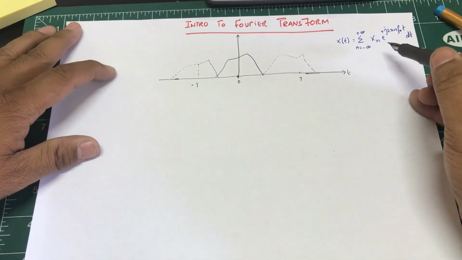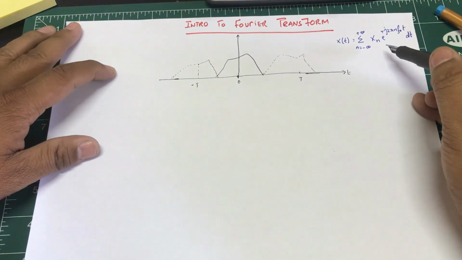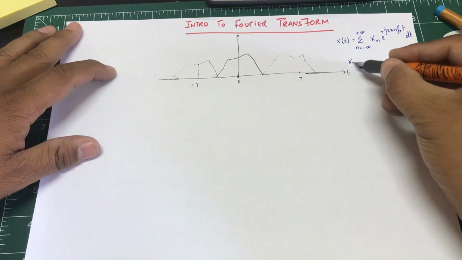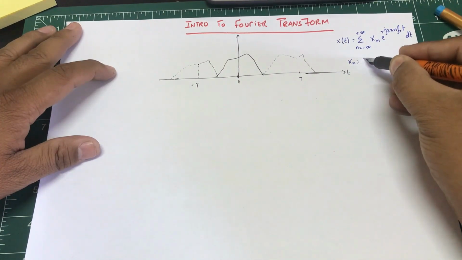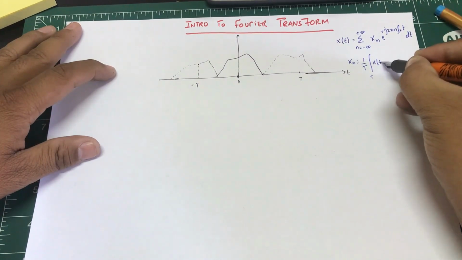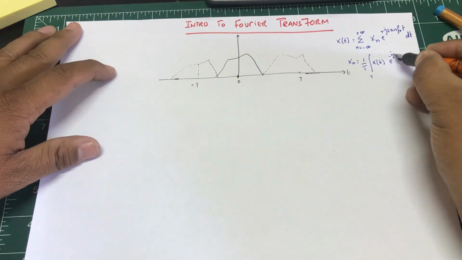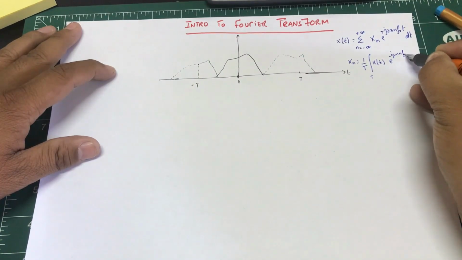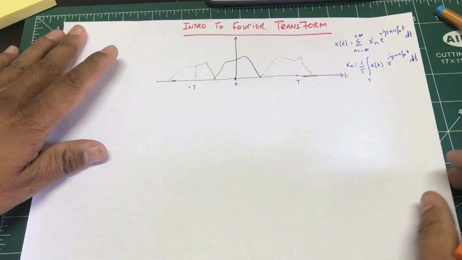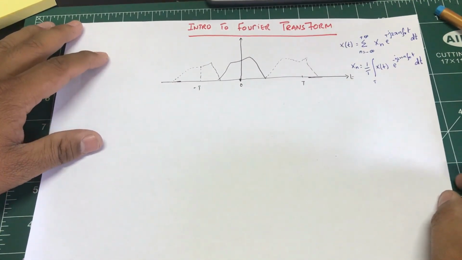This is actually a complex form of Fourier series, where x of n, I'm just writing these things down so you would know, is 1 over T times the integral of x of t e to the negative j 2 pi n f0 t dt. This is one of the forms that we looked at of Fourier series.